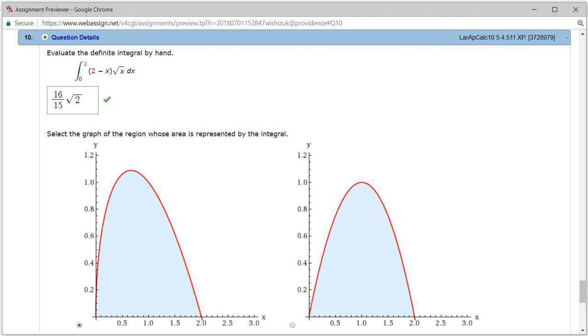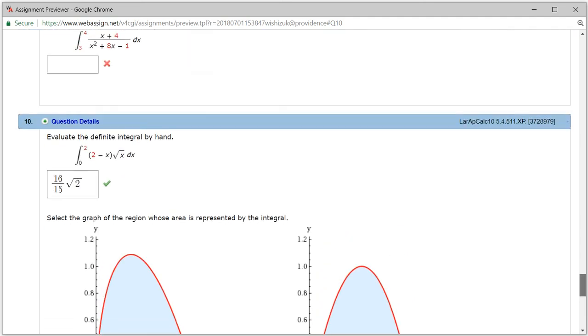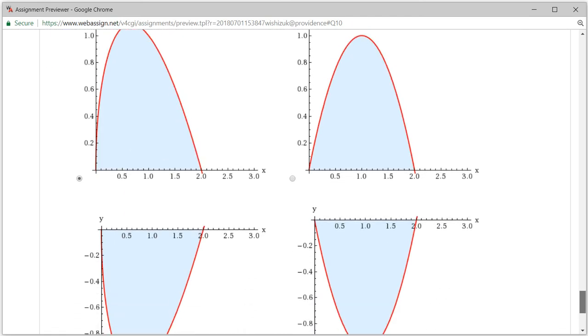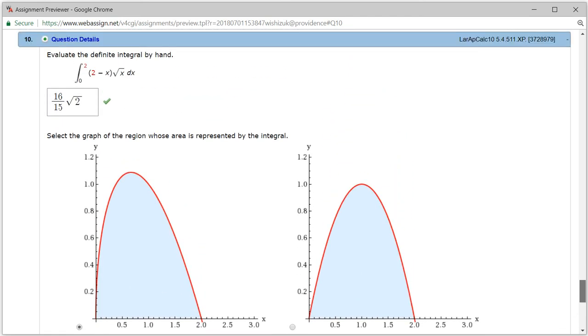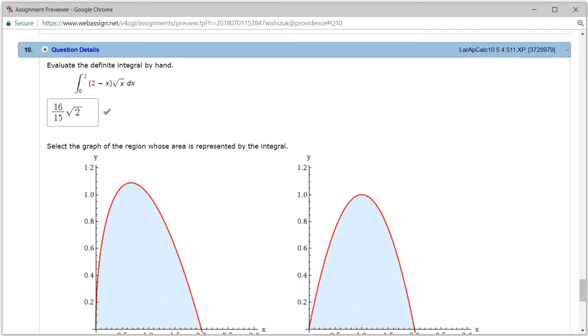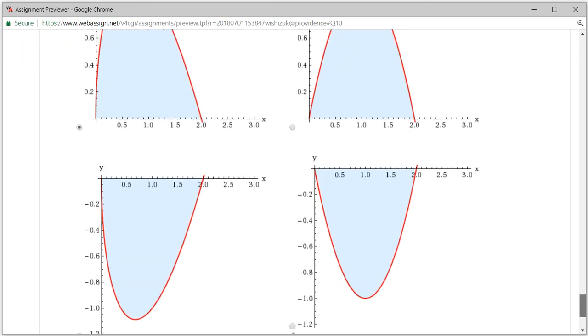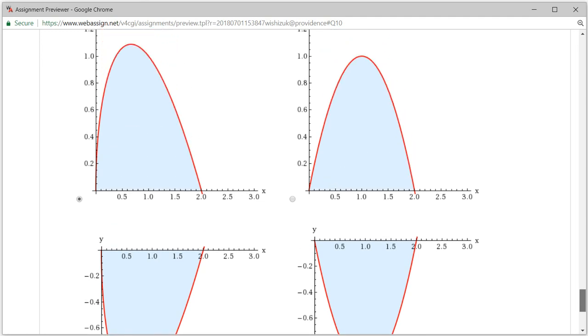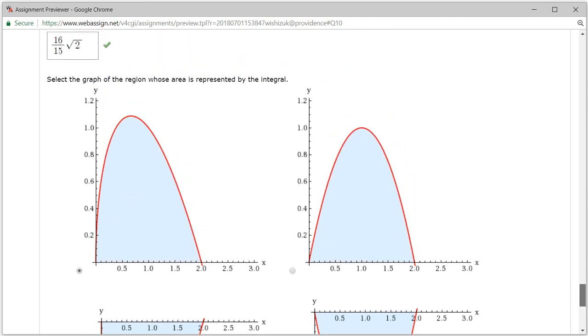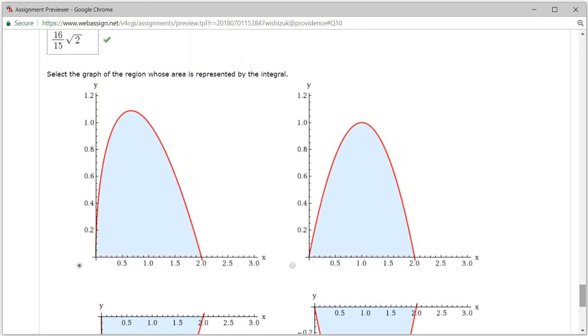Next we have to find the correct picture of the region. It's going from 0 to 2, both of them are. And you notice that between 0 and 2, the function is positive. So it's not going to be the third one or the fourth one because they go below the x-axis. So it's either the first one or the second one.